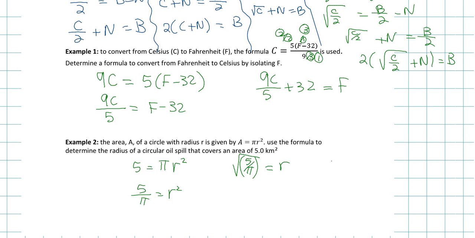What do you guys get for this? Put it in the calculator, because I don't want you to get to the test and not knowing if you're doing it right or wrong. What did you get?